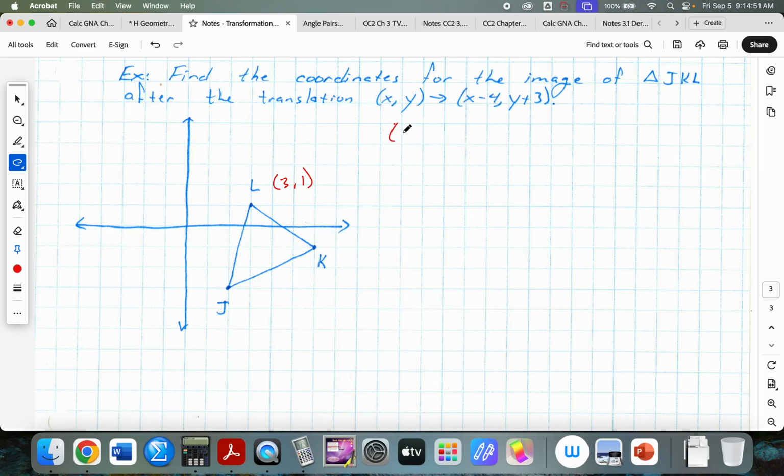So that's going to map onto 3 minus 4 and 1 plus 3, which is to say it maps onto negative 1, 4. So that's where L prime is going to be.